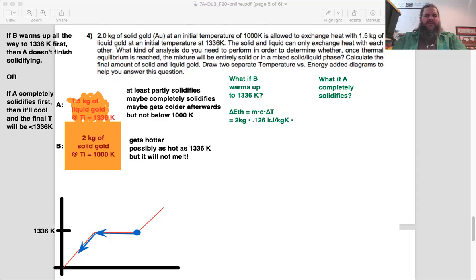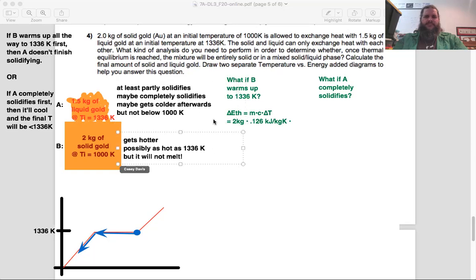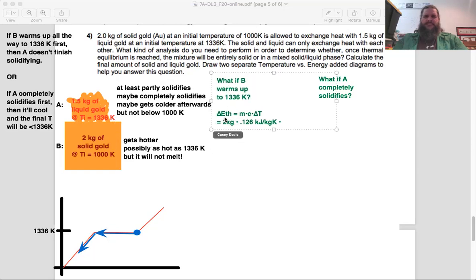And then delta temperature, how much are we assuming that B changes temperature? If we're assuming it warms up all the way to 1336 Kelvin, what would delta T equal?